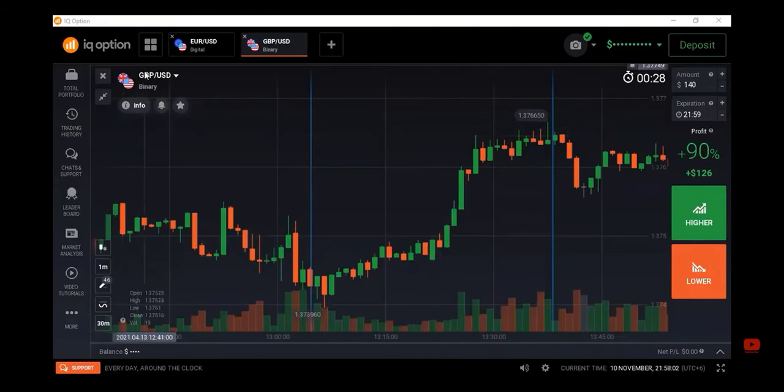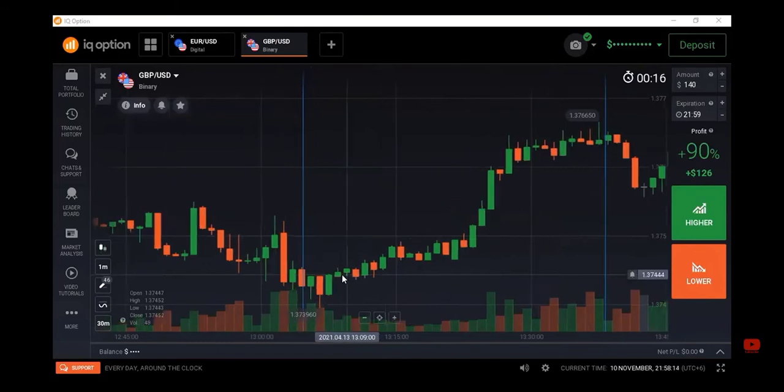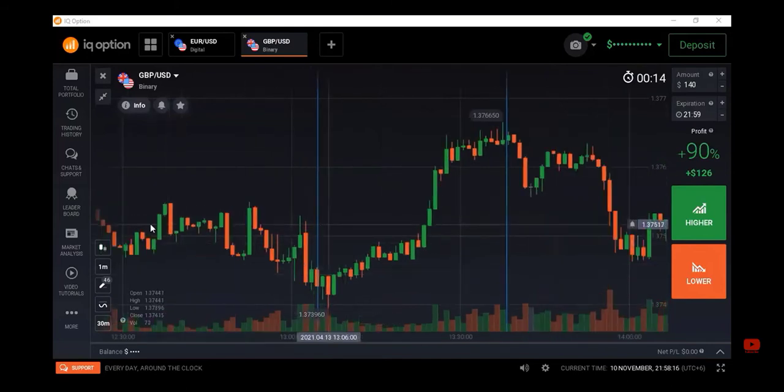Okay, can you see my screen now? GBP USD pair. So see here, it looks like a ranging market previously.